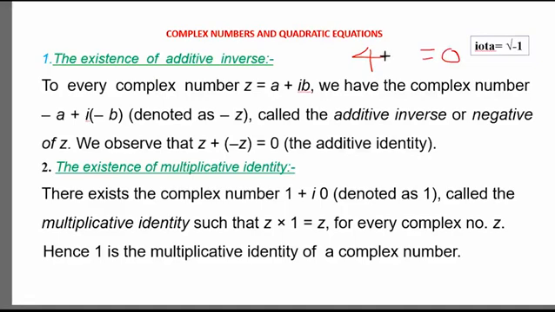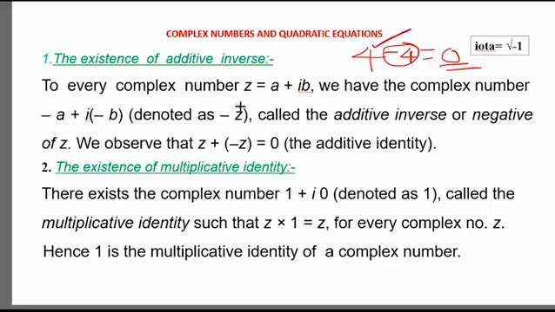So what number do you add to 4 so that you get 0? When you add minus 4 to this 4, you get 0. So the additive inverse of 4 is nothing but minus 4.